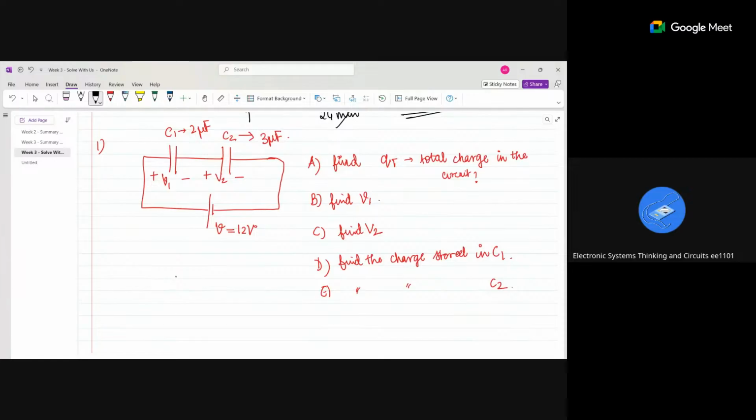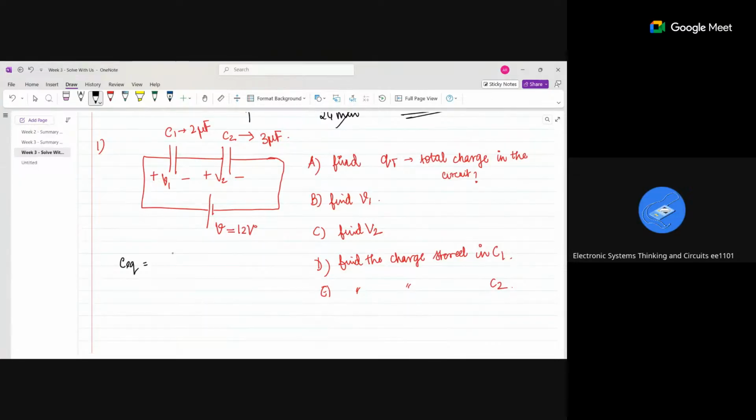What is the formula that we can use here? One by C1 plus 1 by C2, to find the equivalent capacitance.